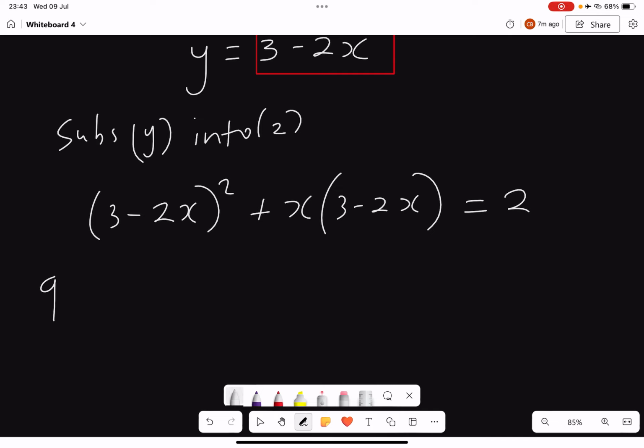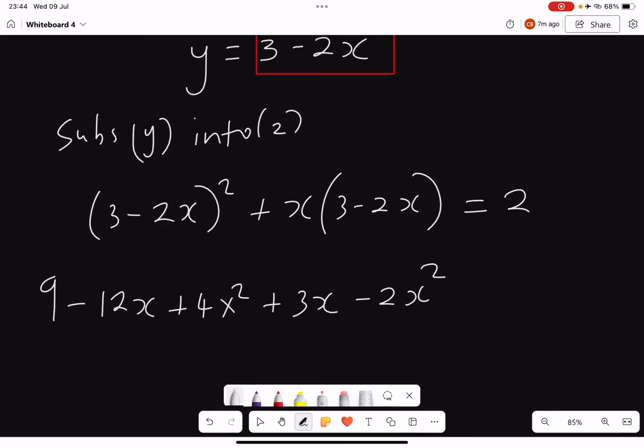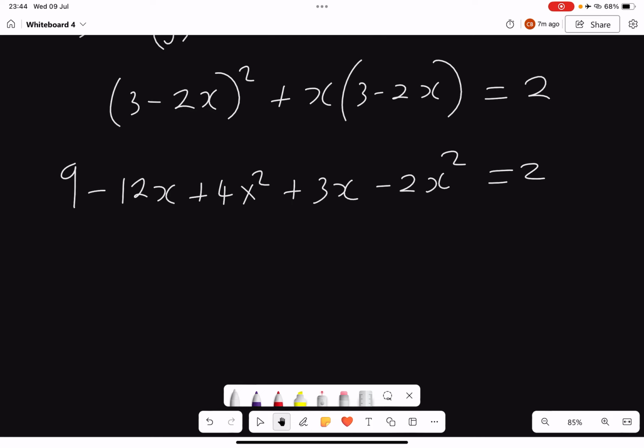So we have 9 minus 12x plus 4x squared. This is what this bracket is going to expand to. Right? And then we have plus 3x minus 2x squared equals 2. And then we need to simplify.